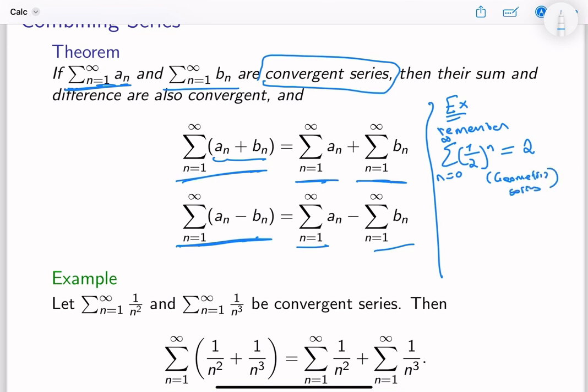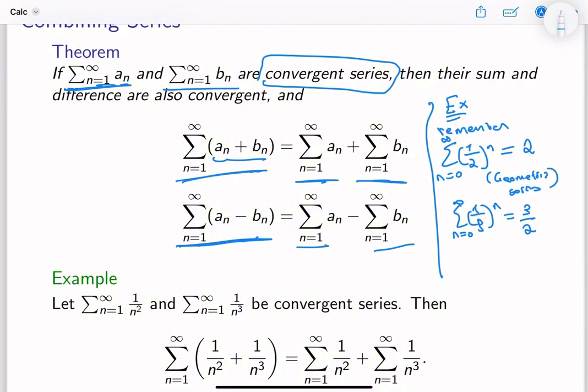And the sum of 1 over 3 to the n, as n ranges from 0 to infinity, I gave you this as an exercise to show that it's equal to 3 over 2.